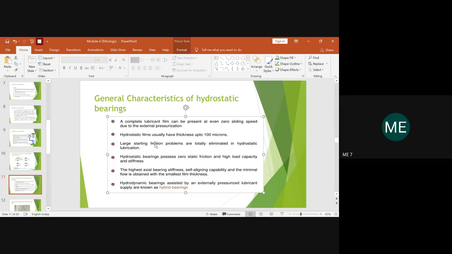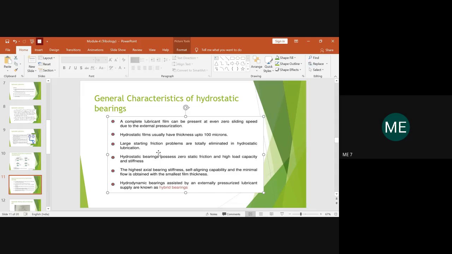And the second thing is, whenever you use hydrostatic lubrication, a large amount of frictional problems are totally eliminated, because in the beginning I told you that hydrostatic bearings are used to overcome the drawbacks of hydrodynamic. So mainly it has very low frictional values. Since it has very low frictional values, the frictional problems are totally eliminated in the case of hydrostatic lubrication.